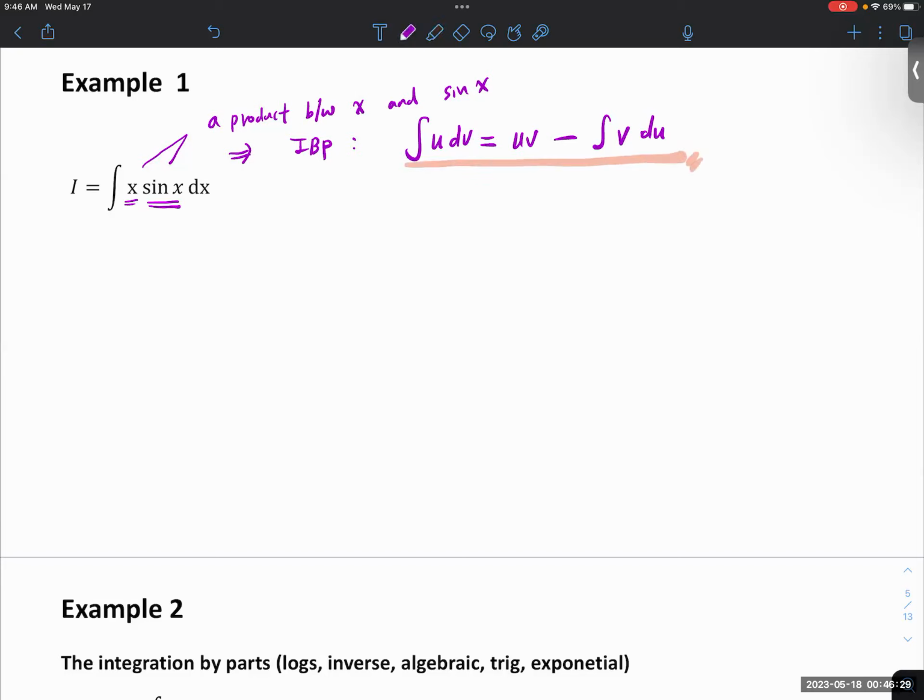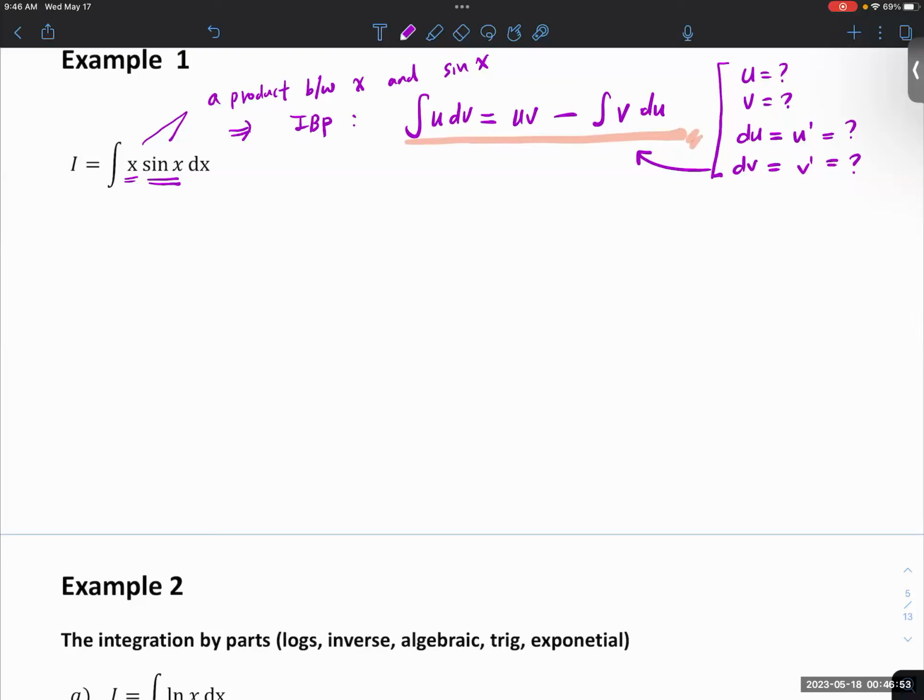So the IBP method says that you're going to find what the u function is, what the v function is, what du, in other words u prime, and dv, v prime, are. You're going to find those four components, then plug in, and then you can find the answer. So let's look at the function one more time. We have x and sine x.